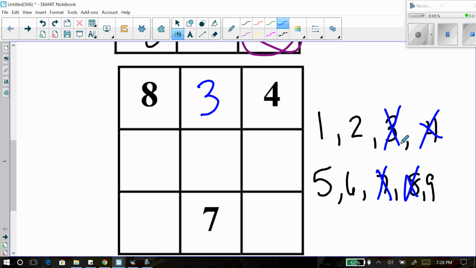I'm going to start in the middle. 7 plus 3 is 10, plus 5 is 15.